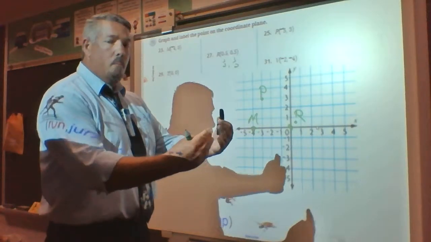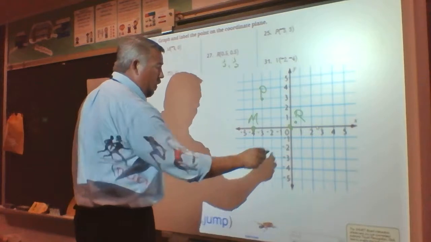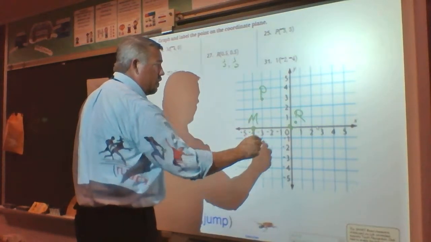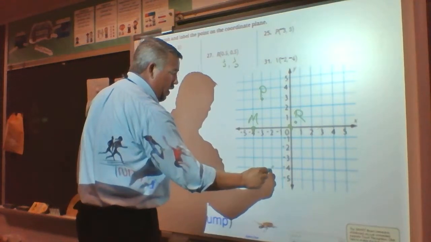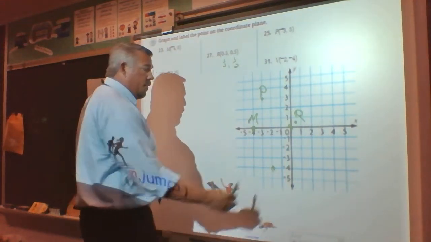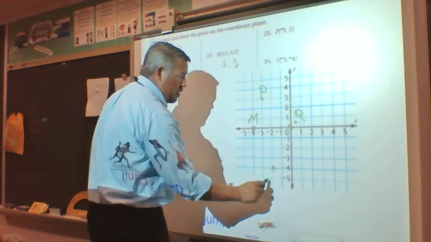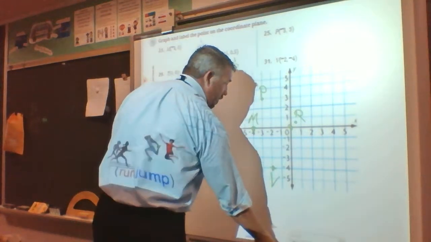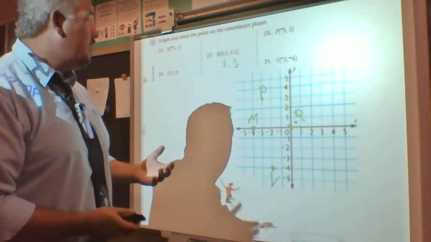So I'm going to go backwards 2, and I'm going to drop down 4. 1, 2, backwards, jump down, 1, 2, 3, 4, -4. If I ran back 2 and I jumped down 4, I know that I'm in the right spot, so that is B.